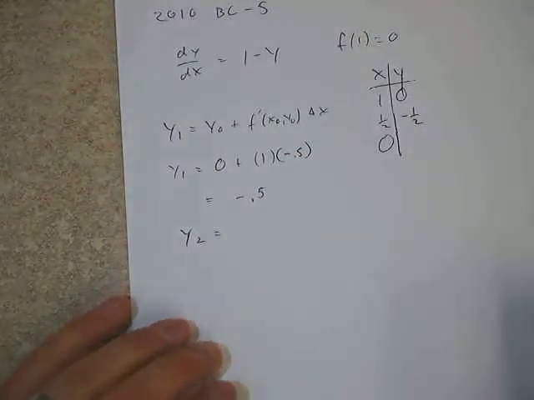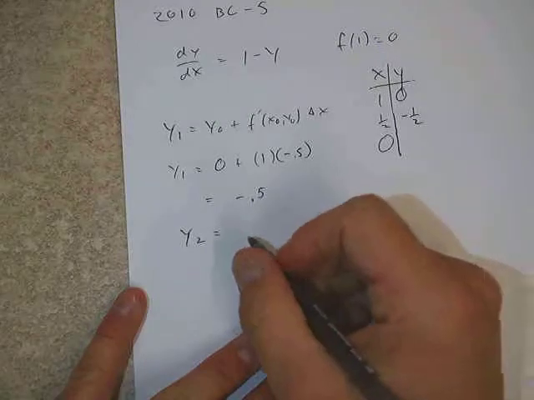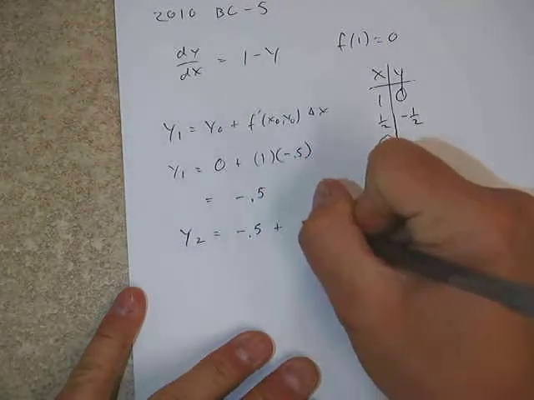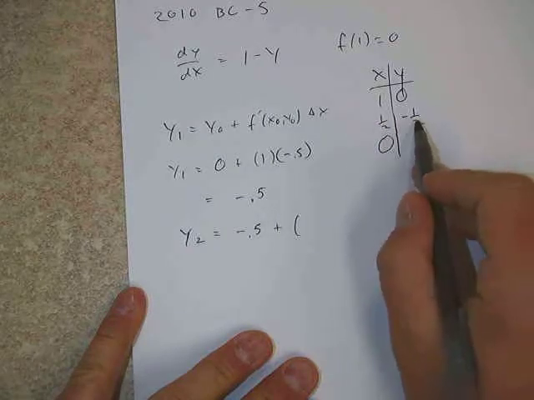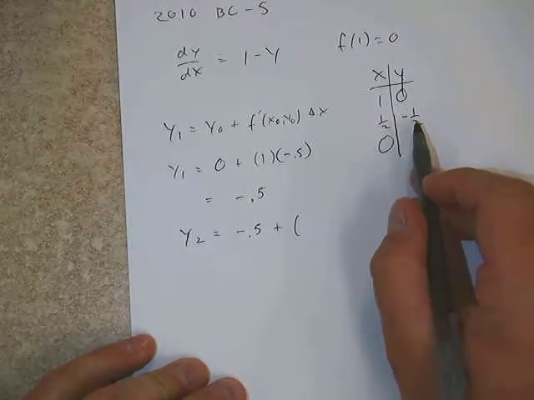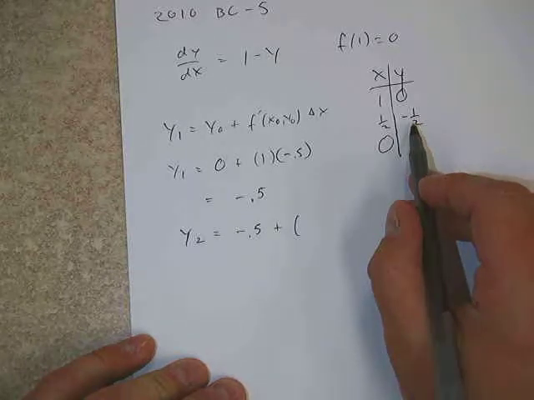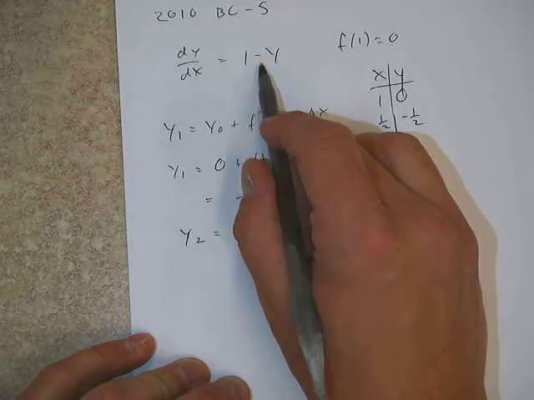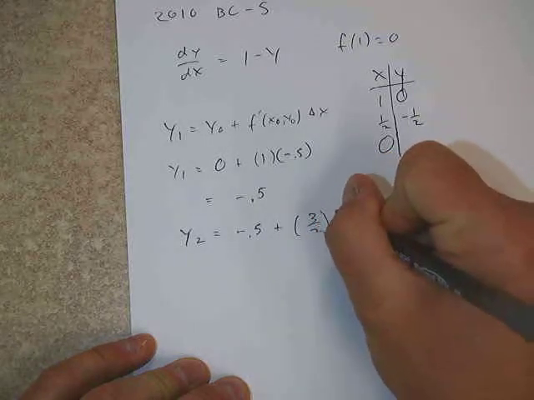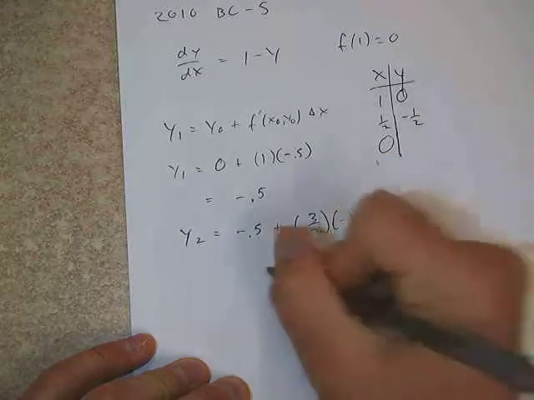From there, we only have one more to do, so this problem is easier than the last one because we only have to do it twice instead of 5 times. We take that new y value, negative 0.5, and add to that the derivative at this point times the change. The derivative only depends on y, so our previous y would be negative 1/2. If we do 1 minus negative 1/2, we get positive 3/2.